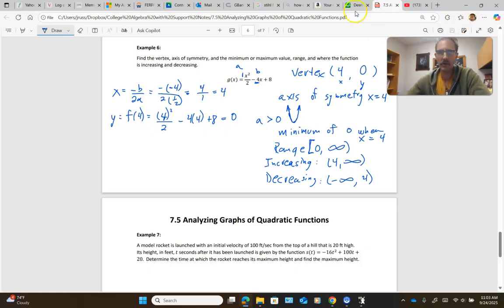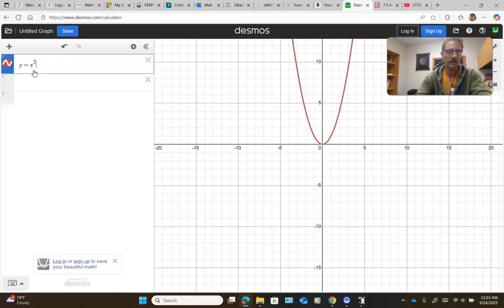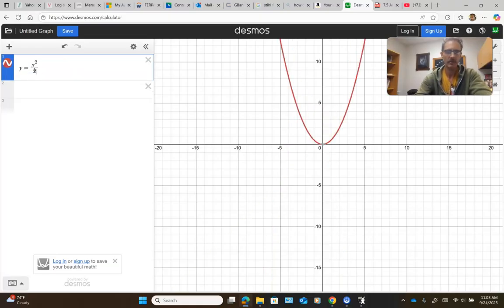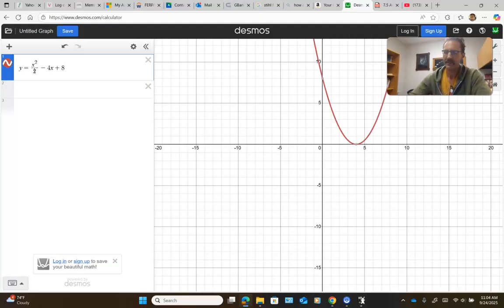And then we can actually graph this. Let's graph it in Desmos. So x squared over 2 minus 4x plus 8. And here we go. Look where the vertex is, 4, 0, just like we said it was.